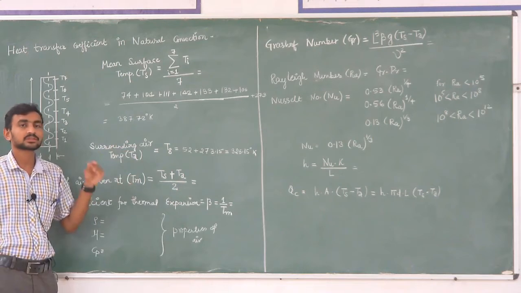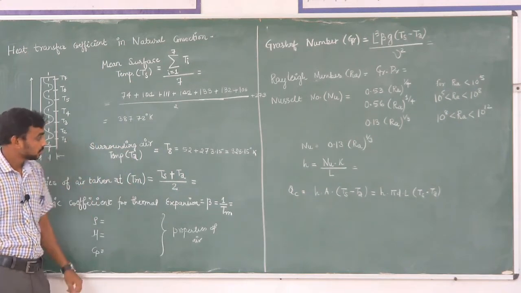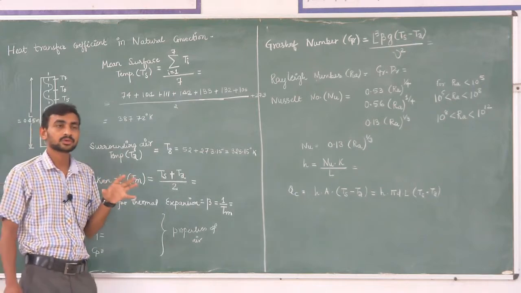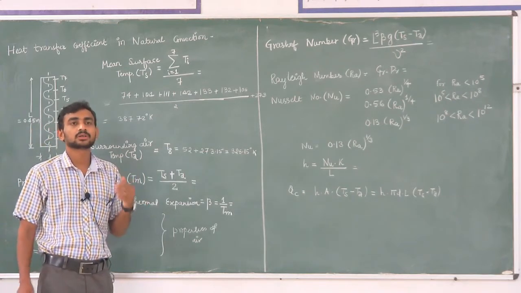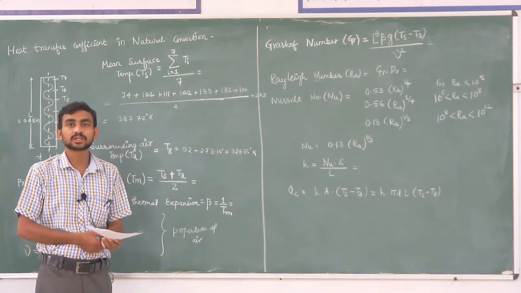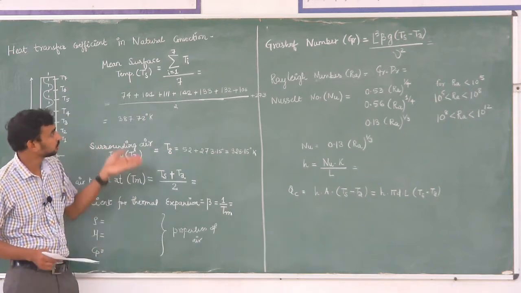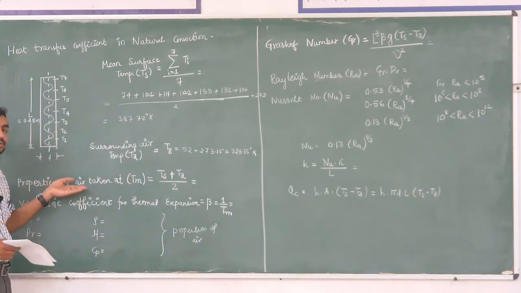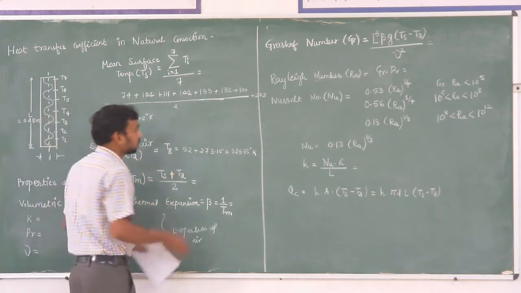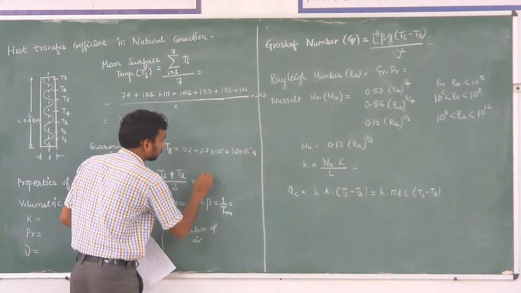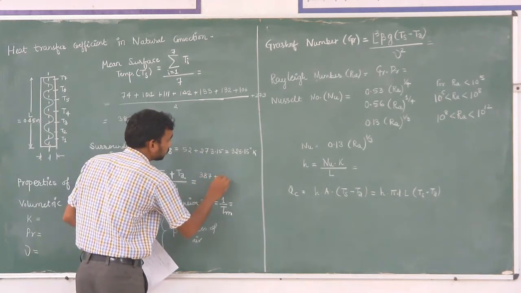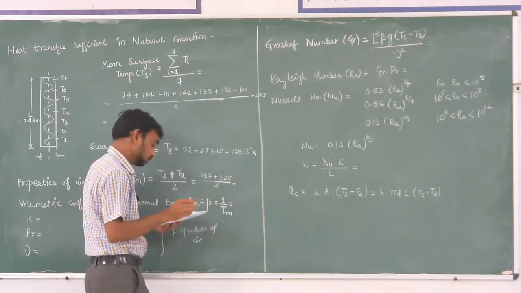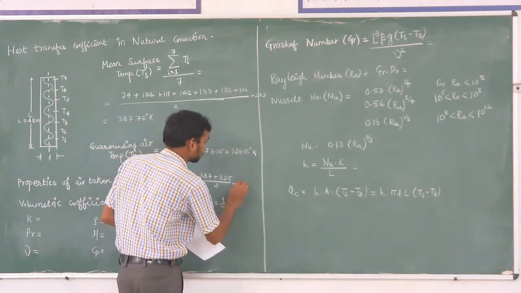The mean temperature of air at which the properties should be taken is the average of these two. So, the properties of air should be taken at the average of 387 plus 325 by 2, which comes out to be approximately 356.